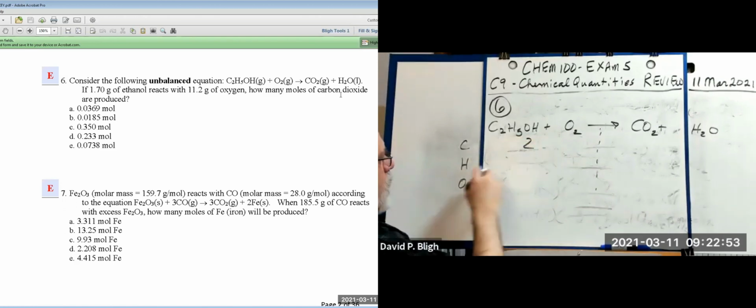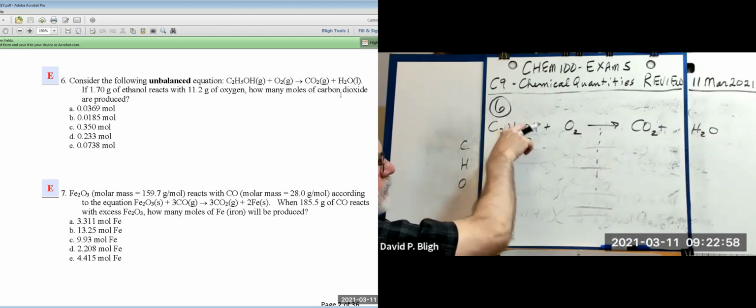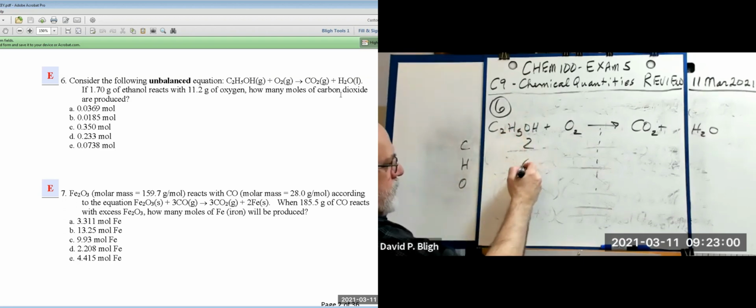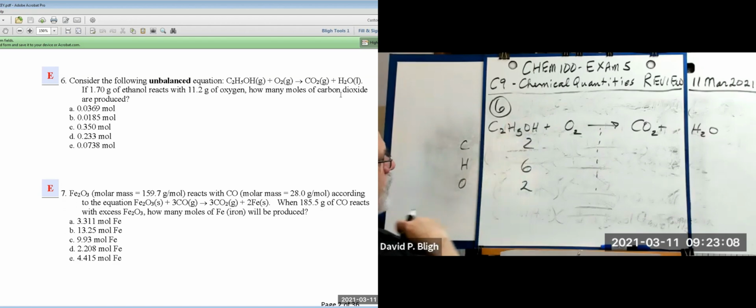2 carbons, 6 hydrogens. Don't lose track of those hydrogens. 6 hydrogens and 2 oxygens. I missed that oxygen, didn't I?